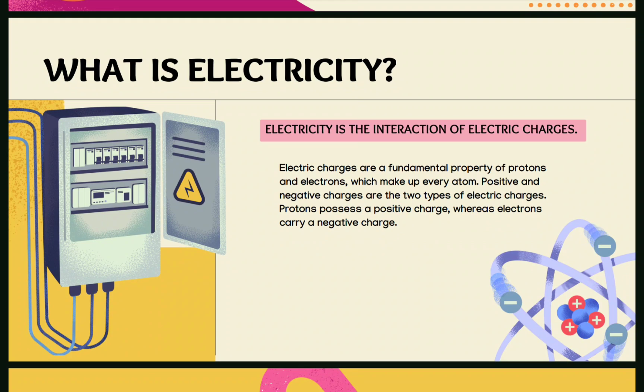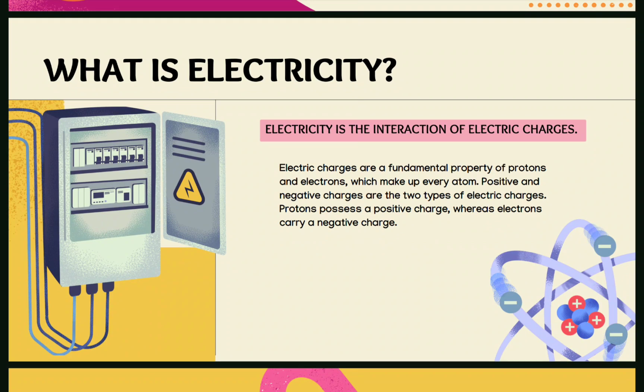Now, what are electric charges? You might have heard the terms protons and electrons. Where do they exist? In the atom. An atom consists of protons as well as electrons, and every atom consists of positive as well as negative charges.